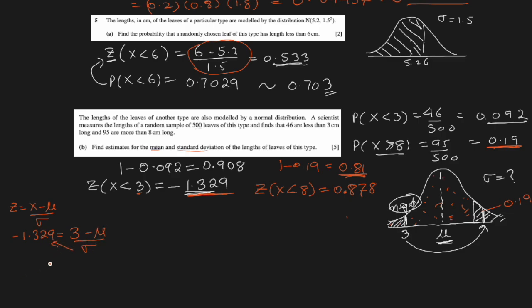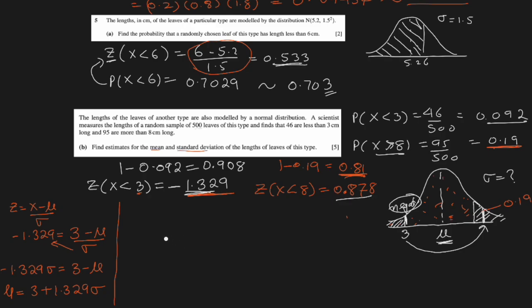So let's cross multiply this. What do we get? Minus 1.329 sigma is equal to 3 minus mu. Mu goes to the left side, and this comes here: mu equals 3 plus 1.329 sigma. Got the first equation. Let's find the second one.